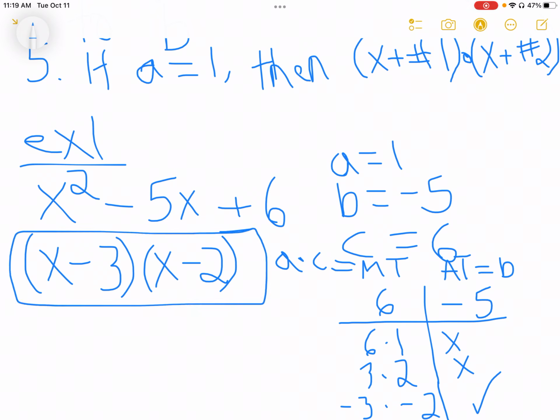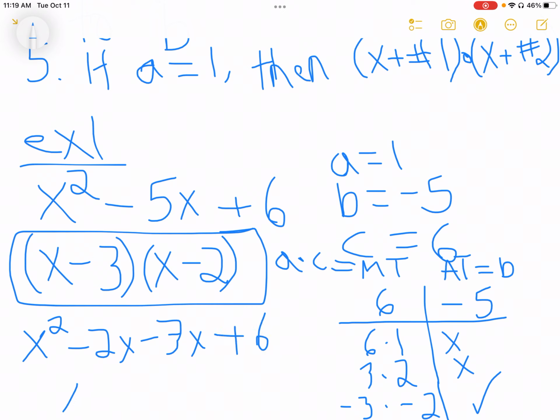Now, how can I double check this? Well, remember what we did before with our greatest common factoring? We multiplied everything out. So if I multiply this out with the distributive principle, I get x squared, minus 2x, minus 3x, plus 6.